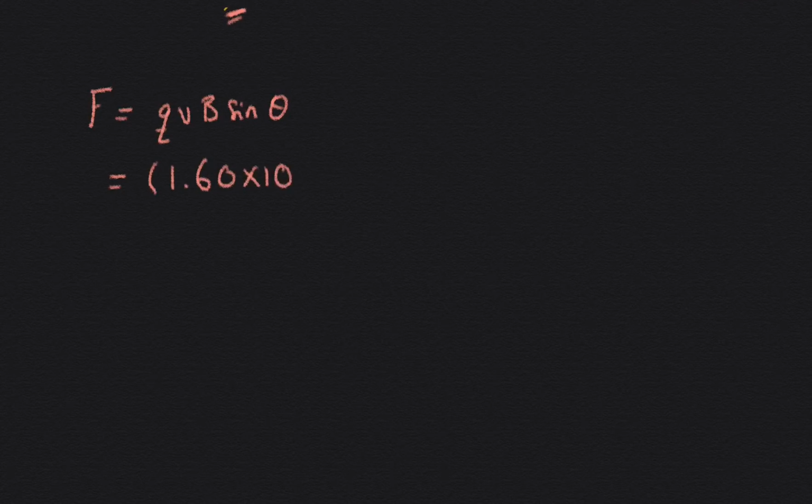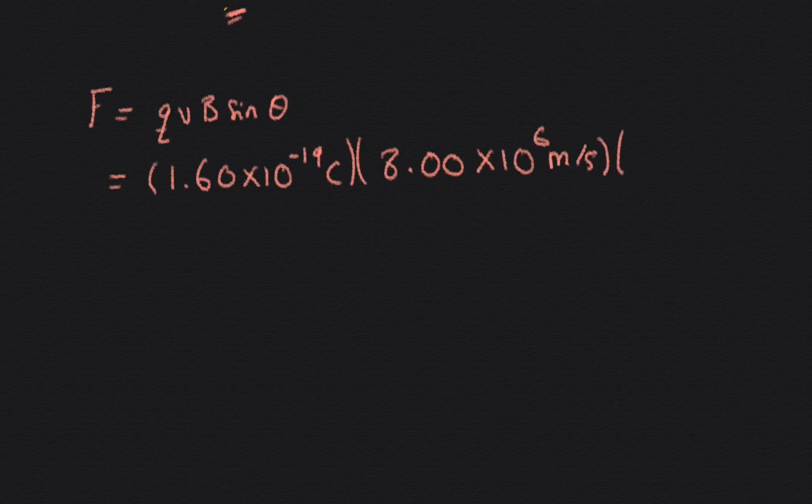the values. So the force, just like we did before, is QVB sine theta. So for this one, we have 1.60 times 10 to the negative 19 coulombs multiplied by the velocity, which is 8.00 times 10 to the 6 meters per second multiplied by 2.50 Tesla sine of 60 degrees.